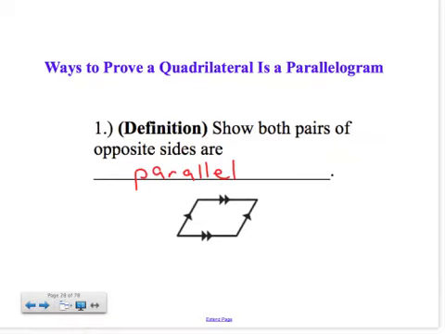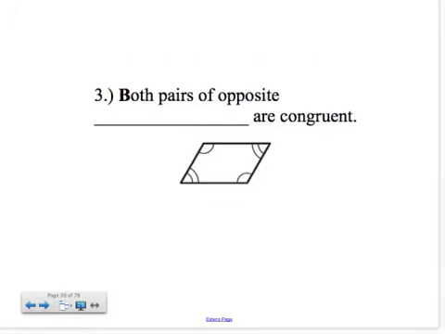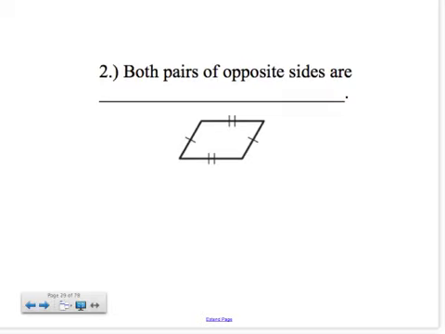The second way, out of five, to show that a figure is a parallelogram is to prove that both pairs of opposite sides are congruent. You have to prove that both pairs of opposite sides, not just one, both.